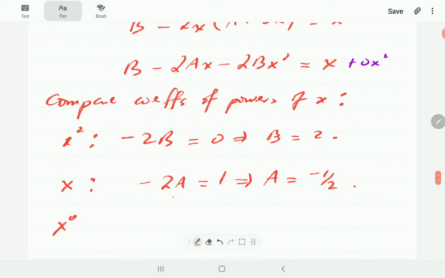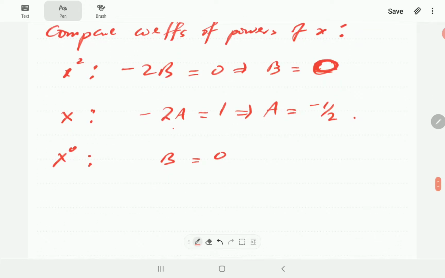The 1 for x to the power 0 is already sorted because we already found that b is 0 here, not 2. We already found that b is equal to 0, which is in agreement with the terms involving x to the power 0.